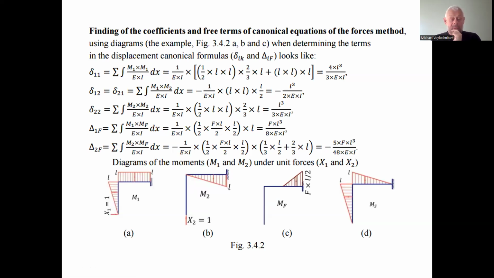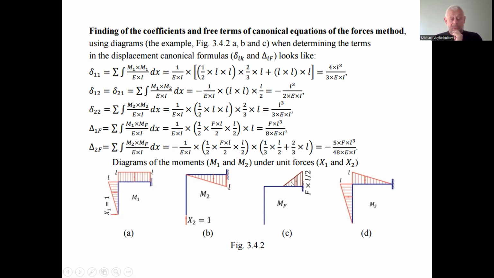And we have one half, a factor due to the area of the triangle, which is one half of the product of the two legs of a right-angled triangle.